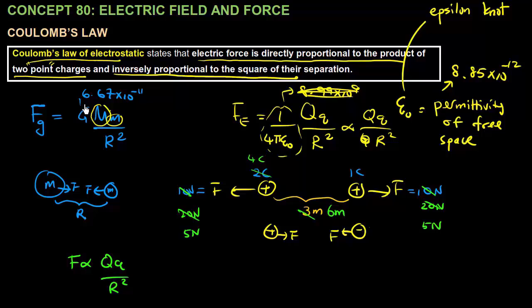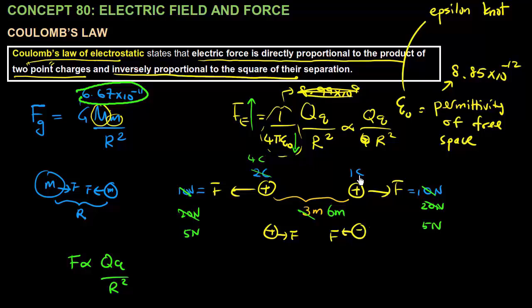So in other words, you see, this gravitational constant is applicable everywhere in space, be it these two masses in outer space or on Earth or in the water. The number doesn't change, but this is not the same. This epsilon naught will change according to the medium surrounding it. Just imagine if the epsilon naught drops, the F will increase. You understand? So what I'm trying to tell you is the surrounding medium affects this number.